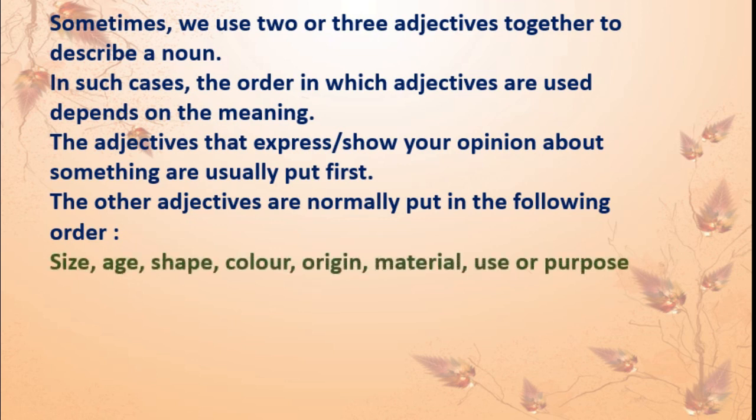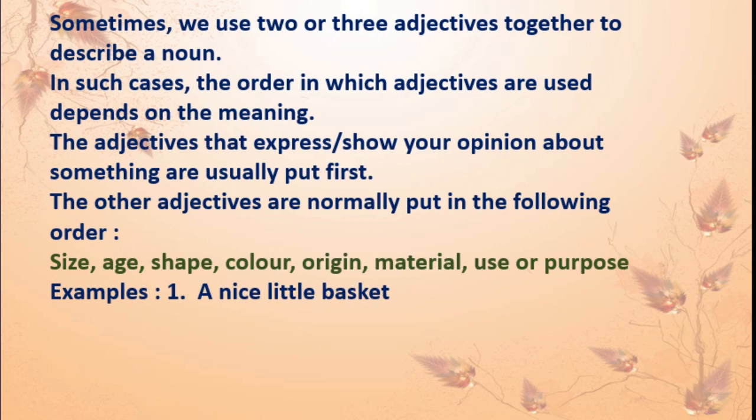See this: size, age, shape, color, origin, material, use or purpose. Got this, students? In this order we have to use the adjectives if we want to use two or more adjectives together to describe a noun in a single sentence.